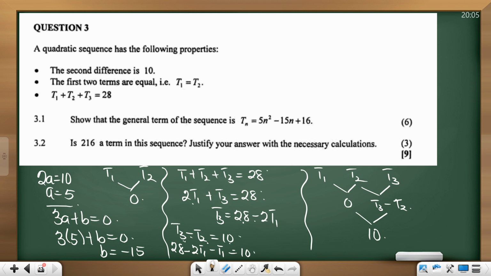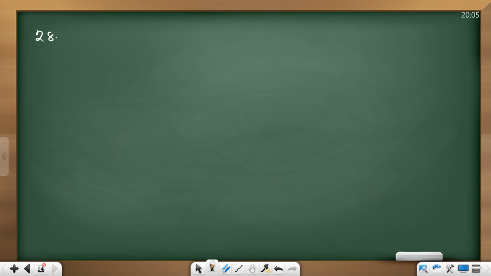That is negative 3T1 there. So what do we have? 28 minus 3T1 is equal to 10. Minus 3T1 will be what? Negative 18. What is T1? 6.